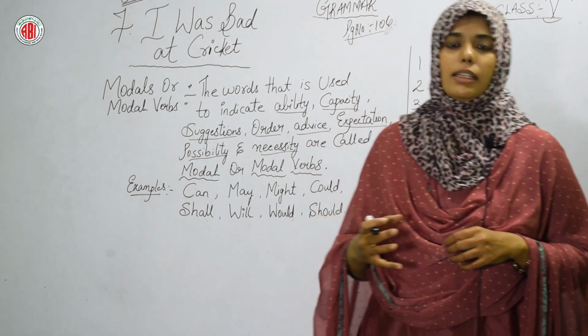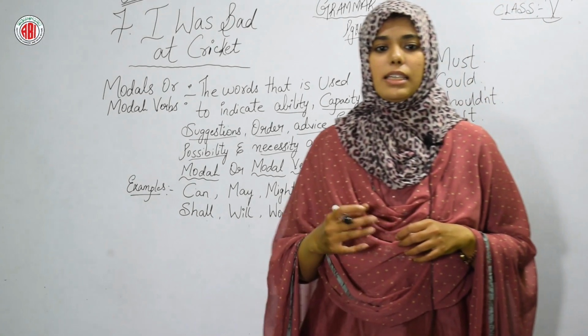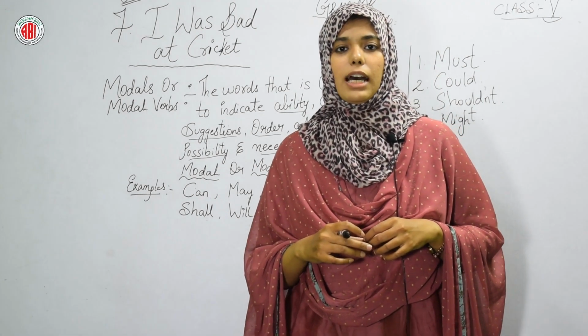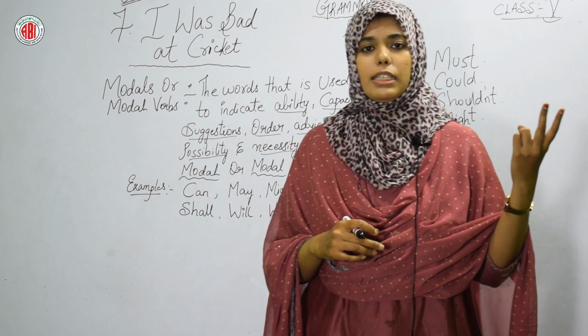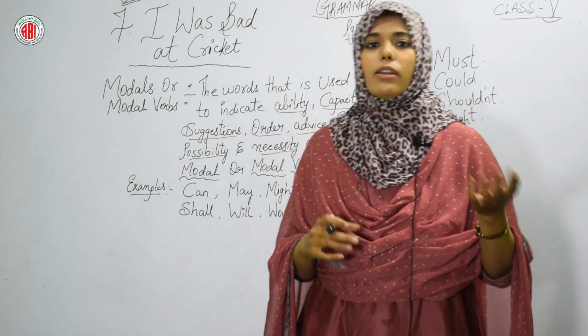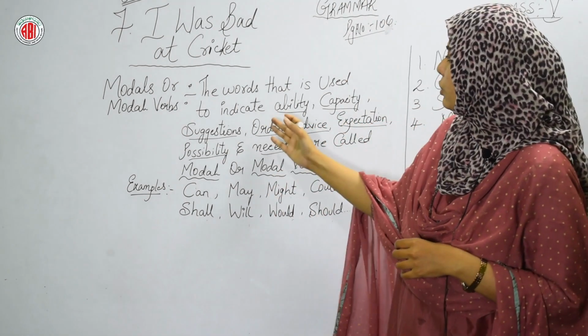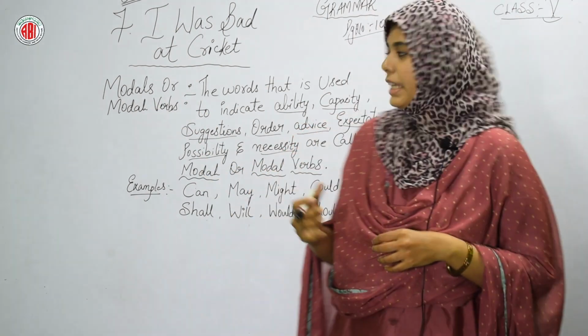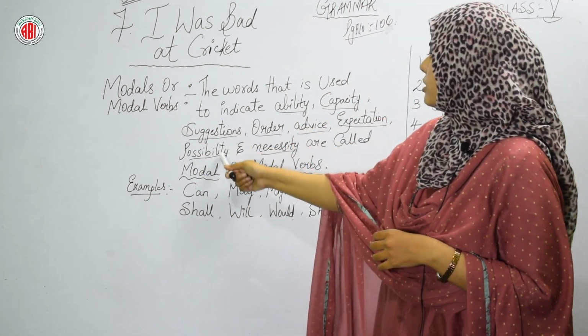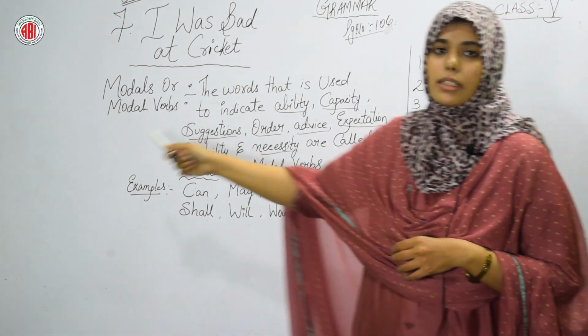So what are the sentences saying? Let's see. The underlined words in the above sentences express expectation, possibility and necessity. I have already explained the definition: the words which express or indicate ability, possibility, necessity are called modals.